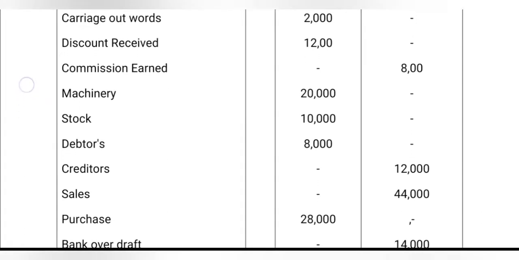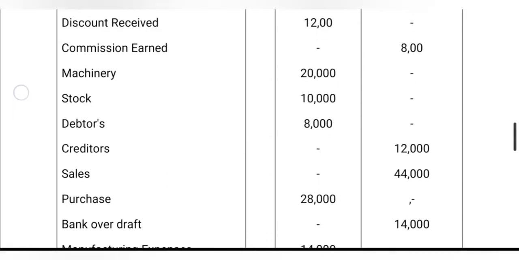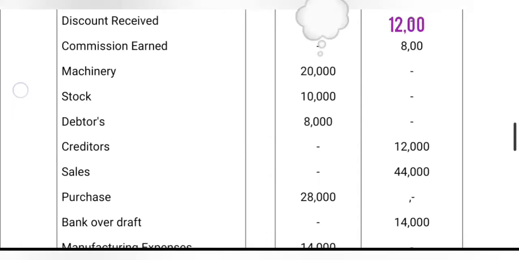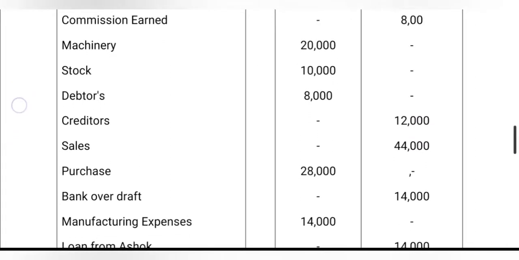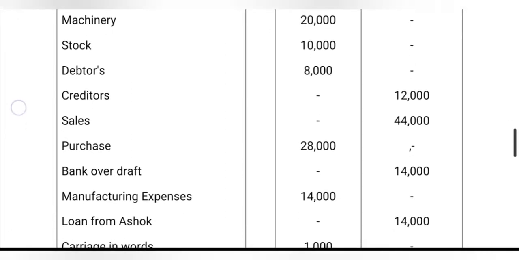Carriage outwards, it is the debit side of the trial balance. Discount received is an expenditure. That's the reason we debit it to the trial balance. Commission earned is income. It is recorded on the credit side. Now machinery is an asset.